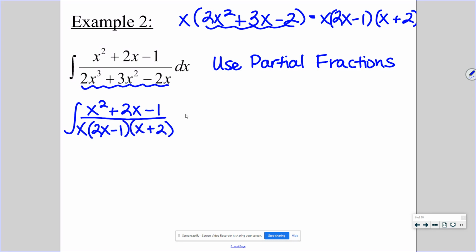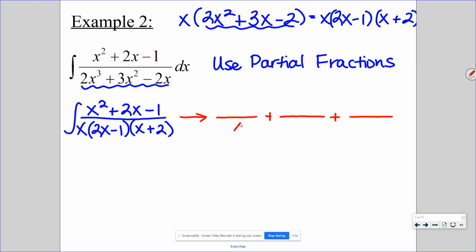Okay, now, here is what I'm proposing. I am proposing that at one point in time, this giant rational function was simply the sum of 3 different fractions.